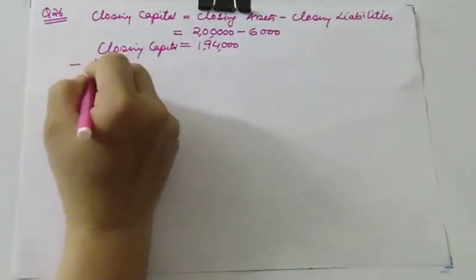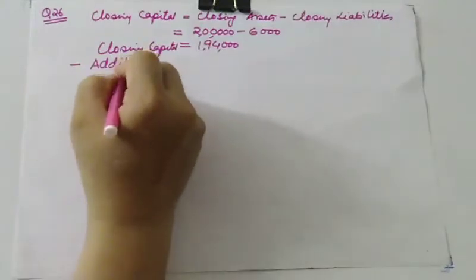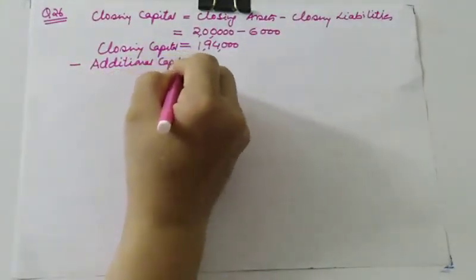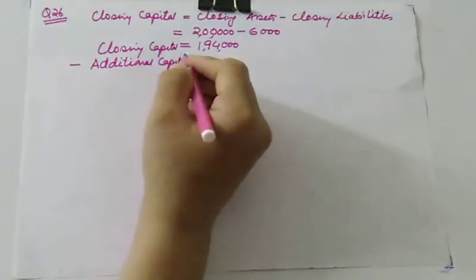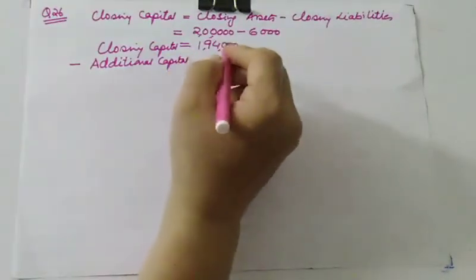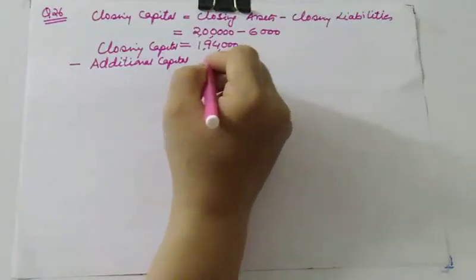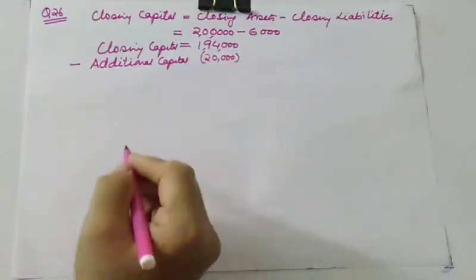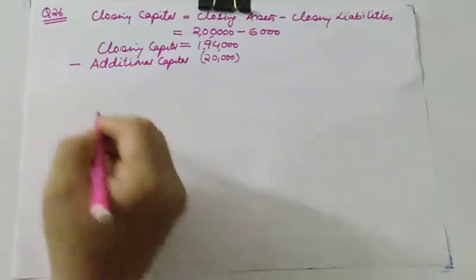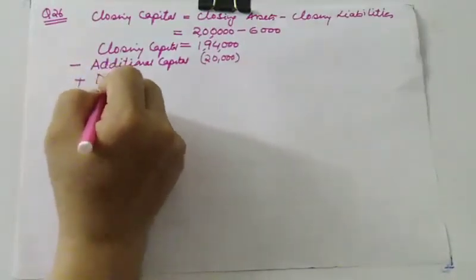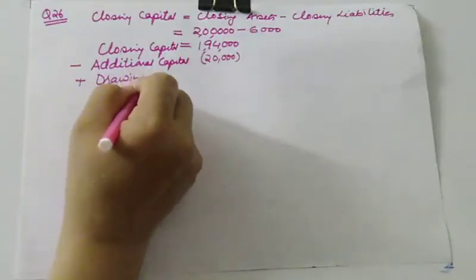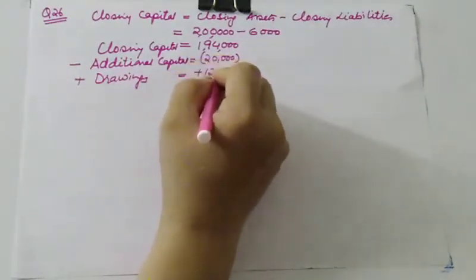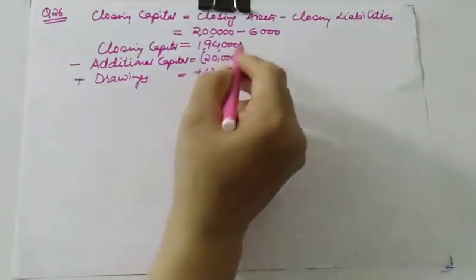So from this closing capital we are deducting additional capital. Our additional capital is 20,000, and drawings are 12,000, so drawings will be added. Drawings are 12,000, which we are adding in this amount.